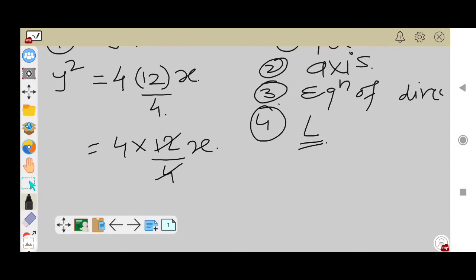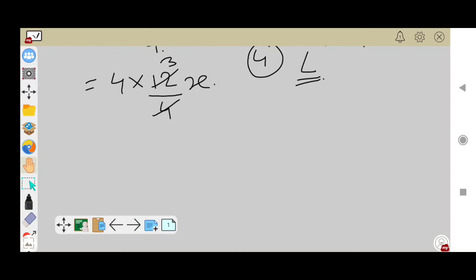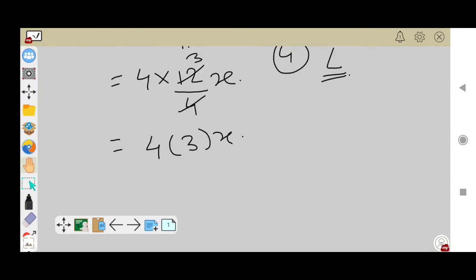Here. What will be this point? (-3, 0). The equation of the line parallel to the axis is given by x is equal to minus 3. This is the equation of the directrix. So hope you guys understood this parabola sum. We will continue it later.